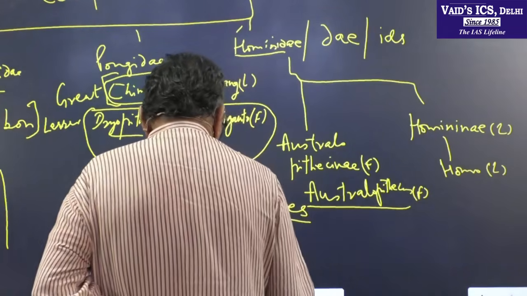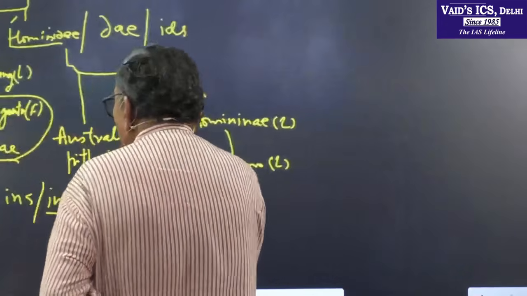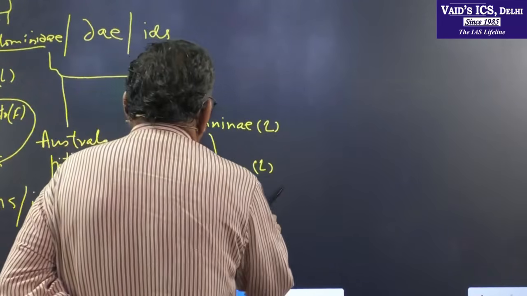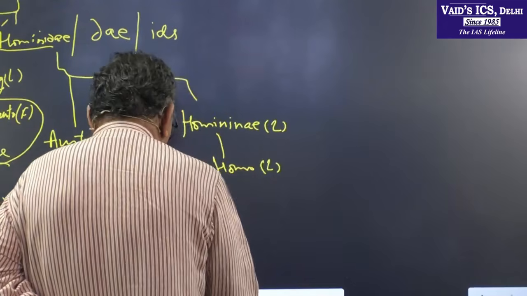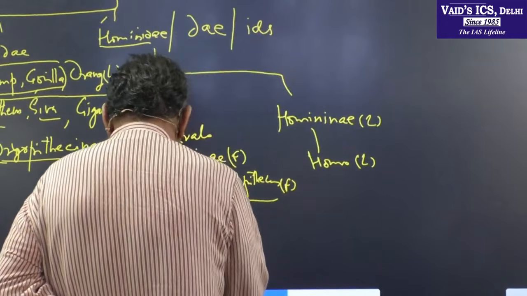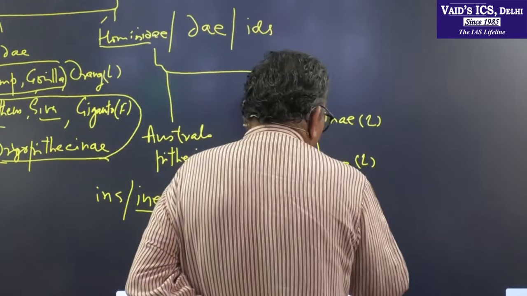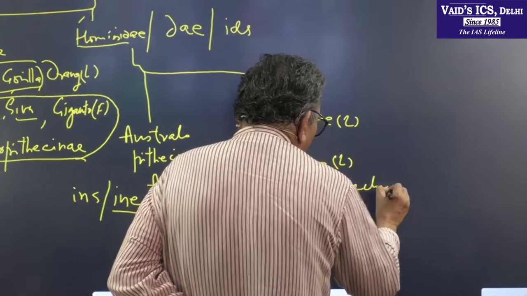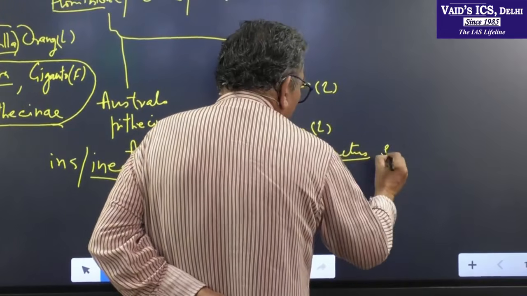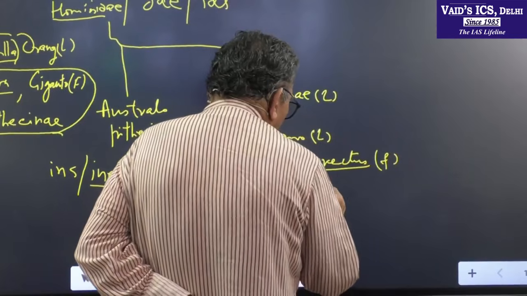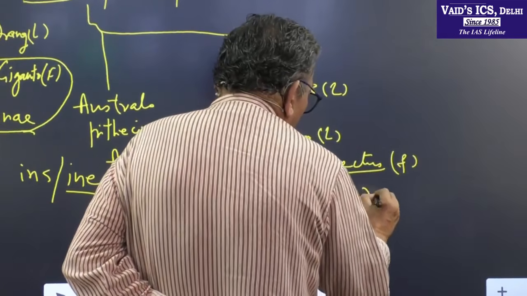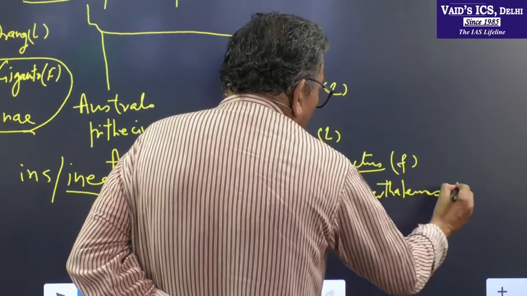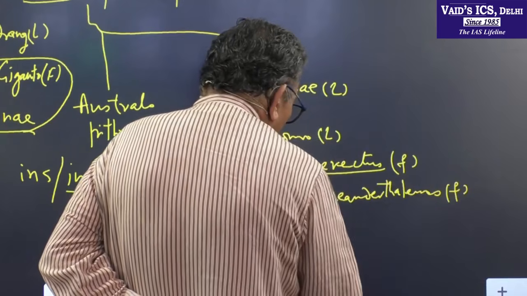Fine. And then you have species. Last one is species. In genus Homo, 3 species are there. You have Homo erectus, which is a fossil. You have Homo neanderthalensis, which is a fossil. And you have Homo sapiens, which is living.